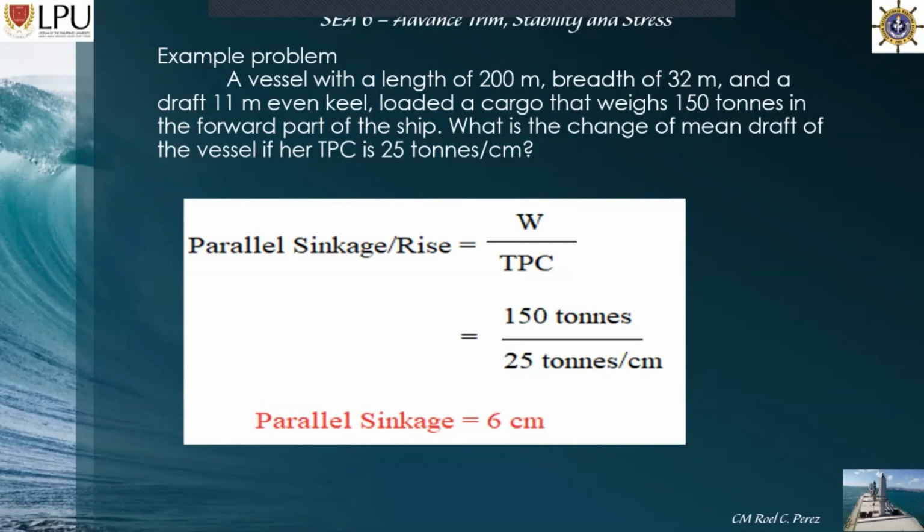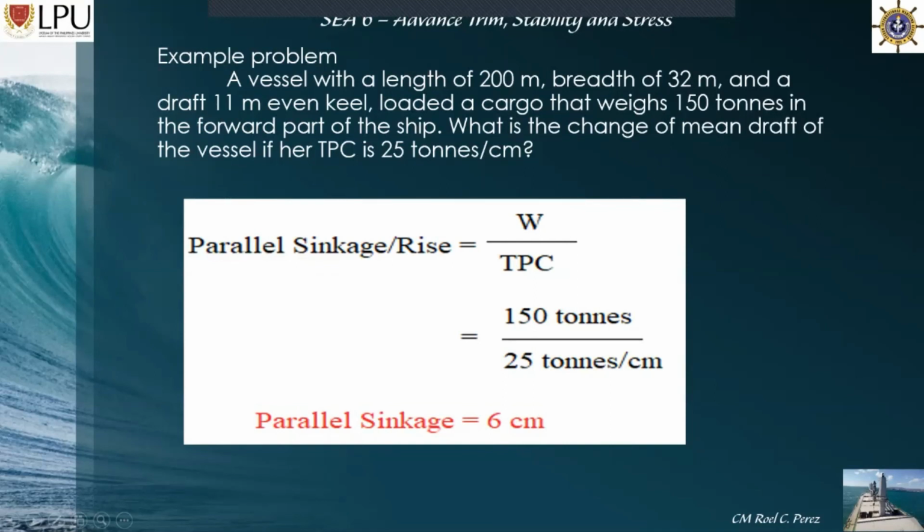What is the change of mean draft if her TPC is 25 tons per centimeter? So just apply your formula. 150 yung kinarga divided by the TPC, and then the parallel sinkage, cancel the tons, is 6 centimeters. So napakadali, ano?